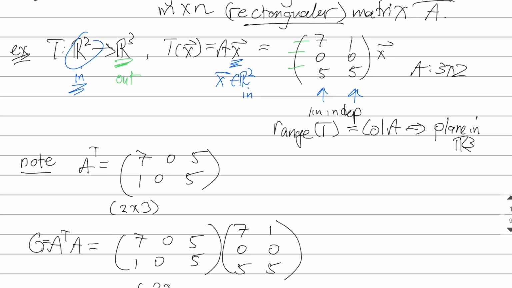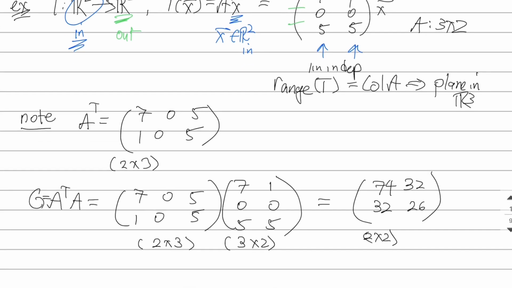This matrix is 2 by 3. This one is 3 by 2. So we are going to produce a new 2 by 2 matrix. This matrix, when you do the matrix multiplication, is 74, 32, 32, 26.